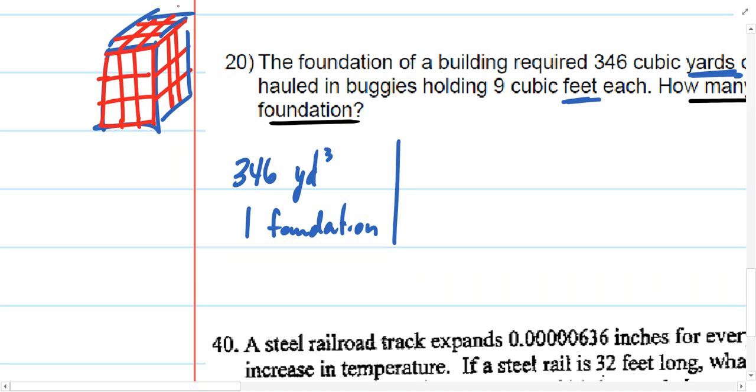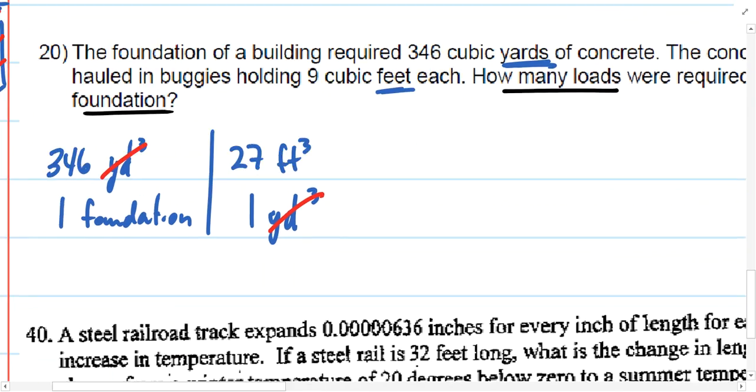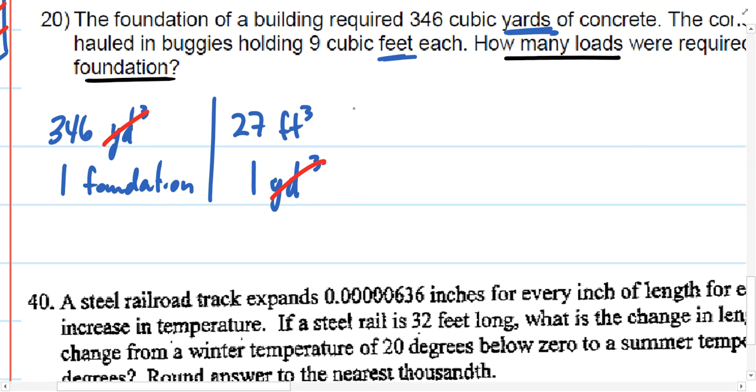So if I had 1 square representing a square foot, then 3 by 3 by 3 is going to represent how many cubic feet fit into 1 cubic yard. So 1 cubic yard contains actually 27 cubic feet. So that's going to allow us to convert from cubic yards per foundation to cubic feet per foundation.